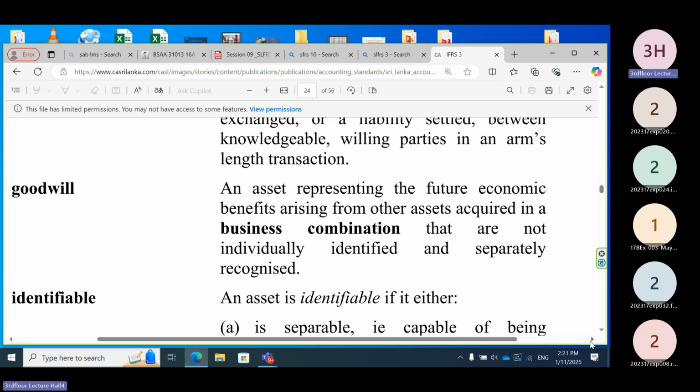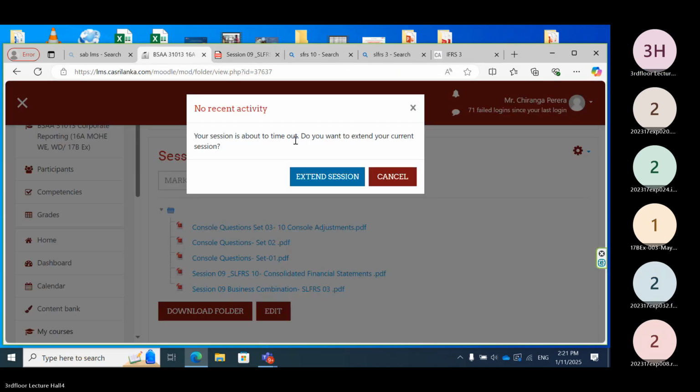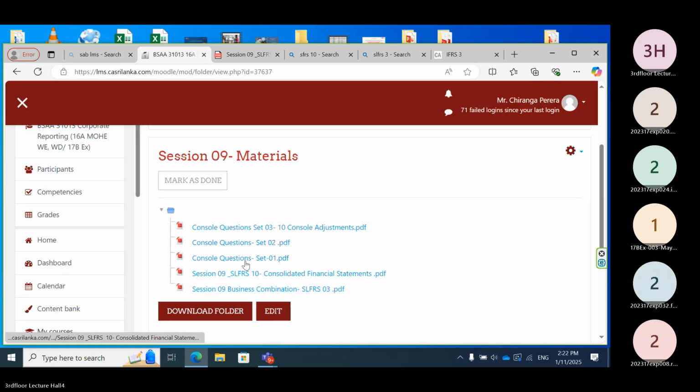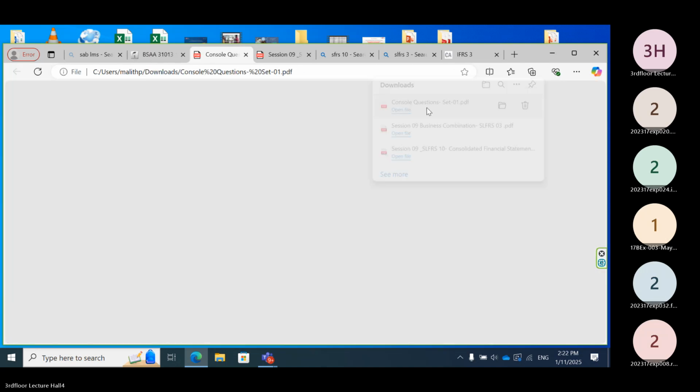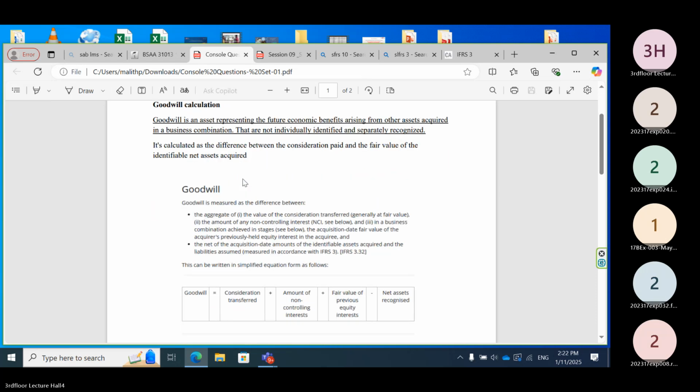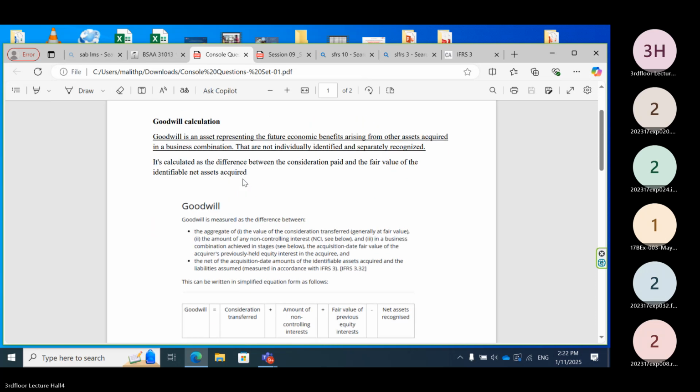This is the formula. Before we look at the overall goodwill formula, let's understand it.